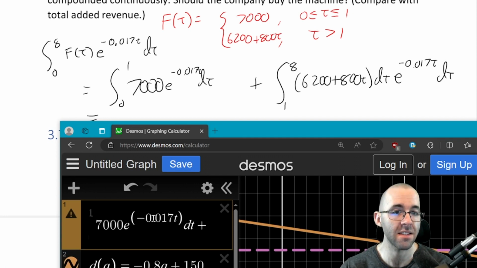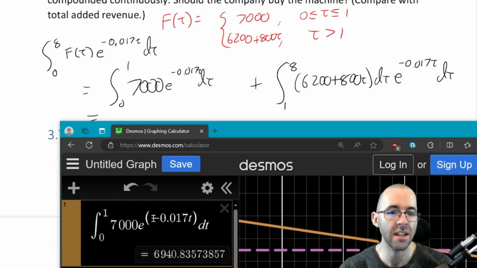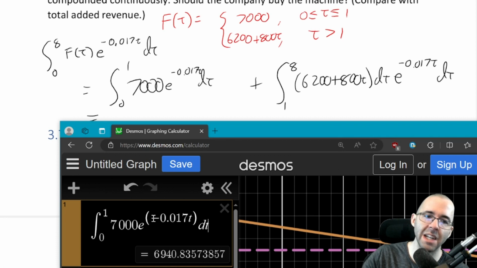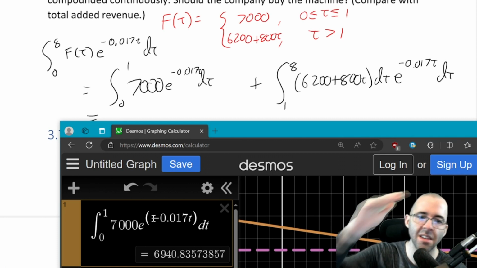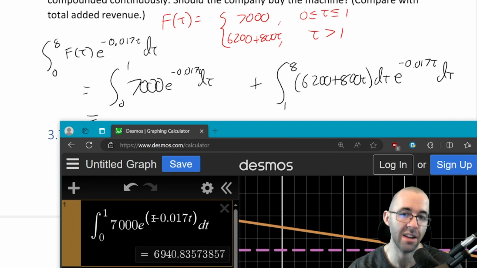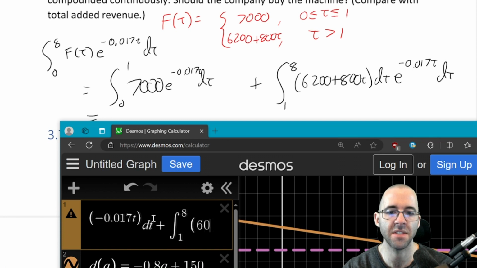Then we add it to the second integral. By the way, before I add it, you can see that the present value for just the first year is going to be less than 7,000. 7,000 for the whole year, but because we're not getting that income at the start, we're getting that income throughout the year. That's worth 6,940 at the beginning of the year. And then the integral from 1 to 8 of 6,200.